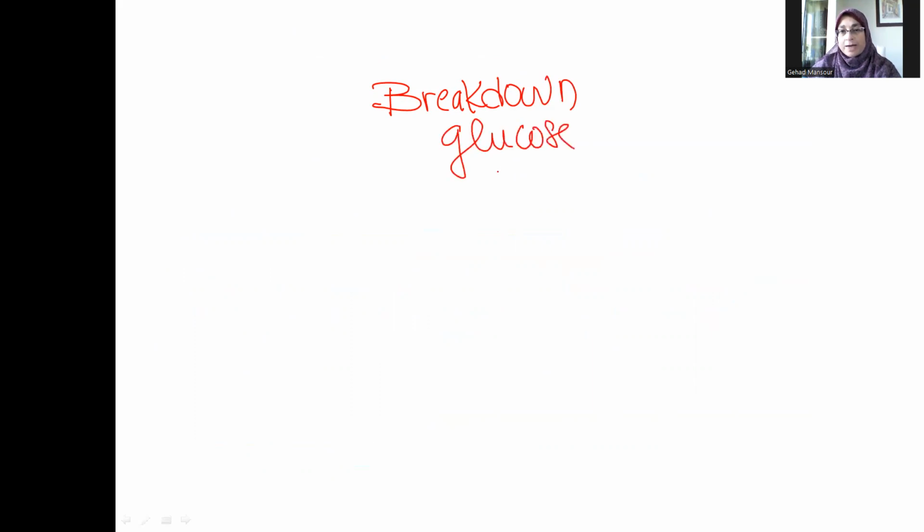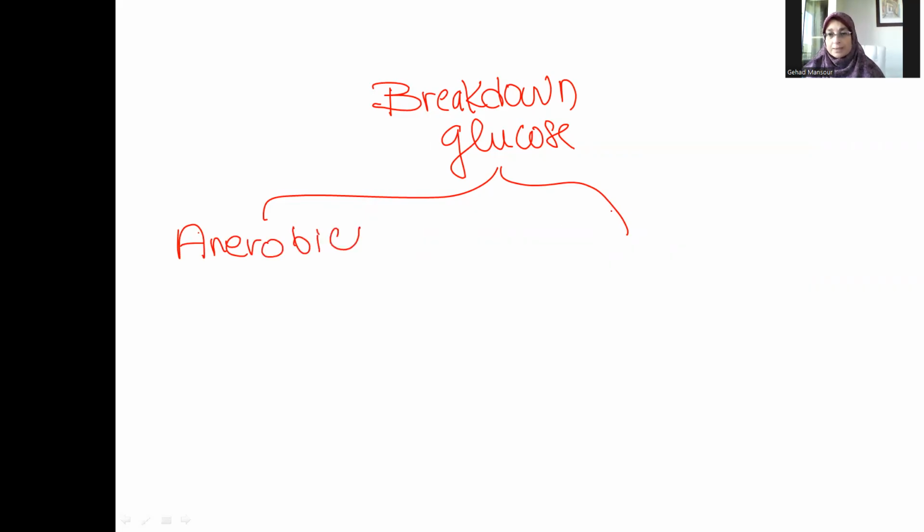Whenever we want to break down glucose, we have 2 ways of breaking it down: an aerobic mechanism and an anaerobic mechanism. So here we have anaerobic breakdown of glucose to get energy, and aerobic breakdown of glucose to get energy.